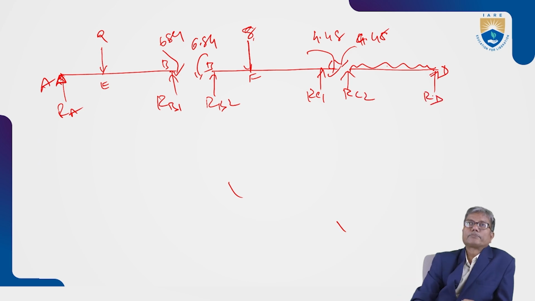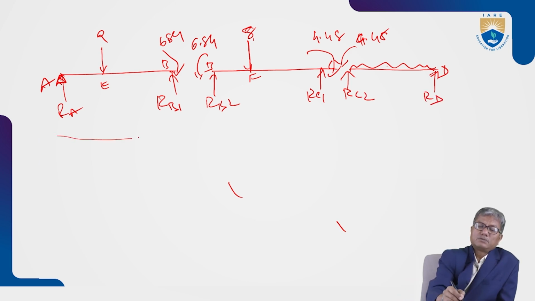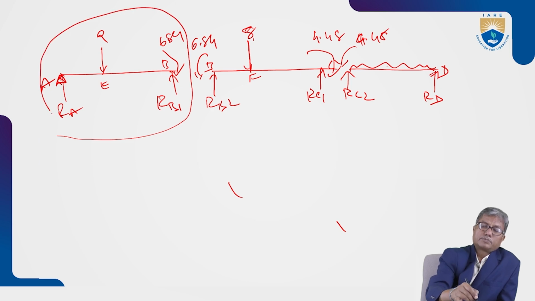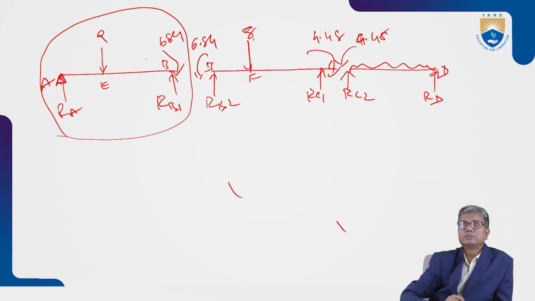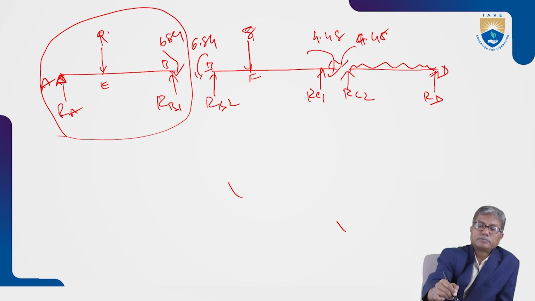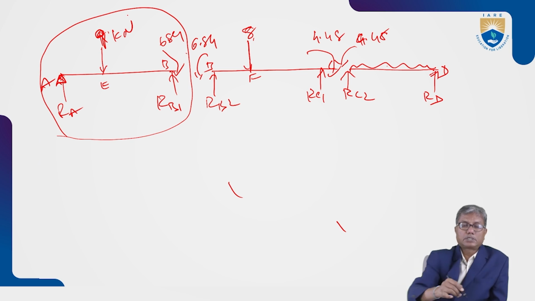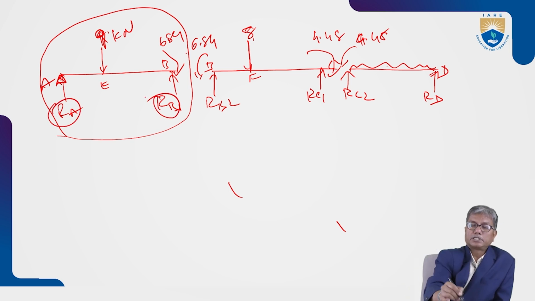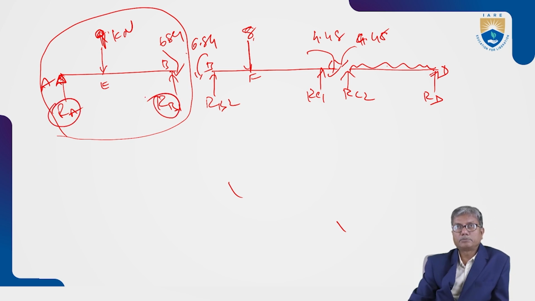So this is now a simply supported beam with load 9 kilonewtons and a moment couple acting at B. You can find the reactions just by applying equilibrium conditions: RA and RB1.